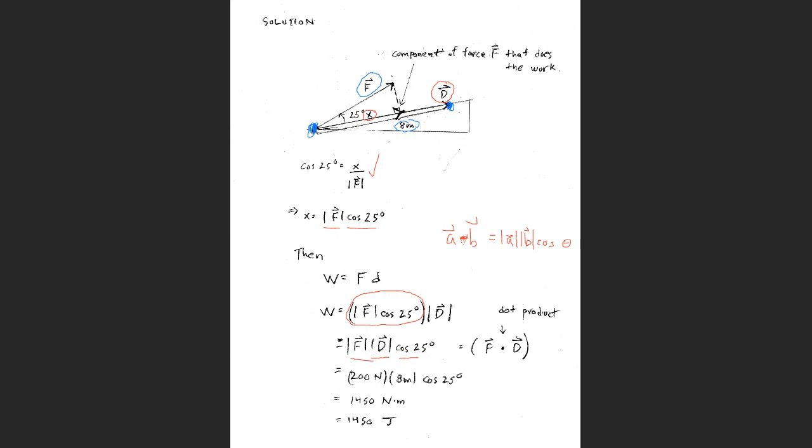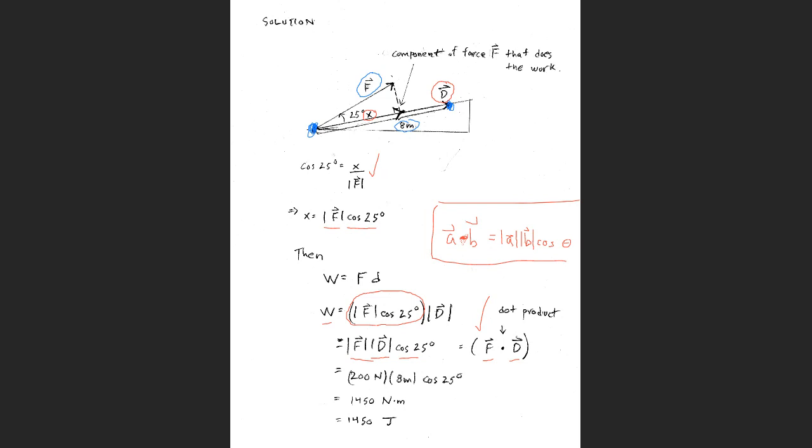I like to think of that definition as being inspired by finding the work. Because really, in finding the work, all we're doing is computing the dot product between the force vector and the distance vector.